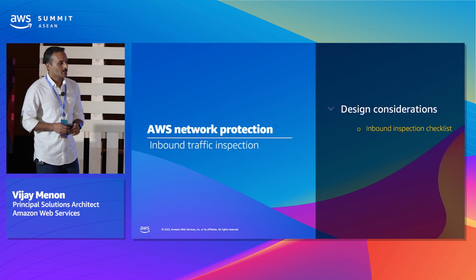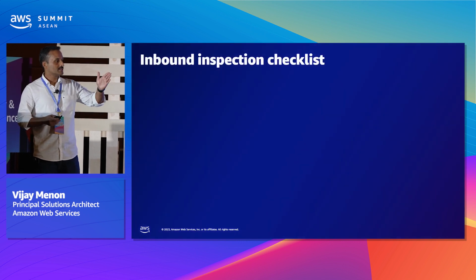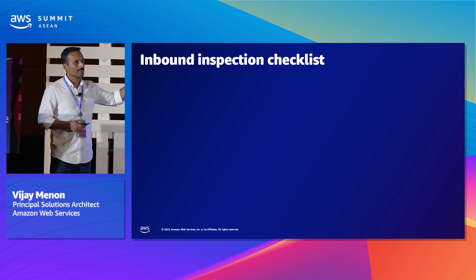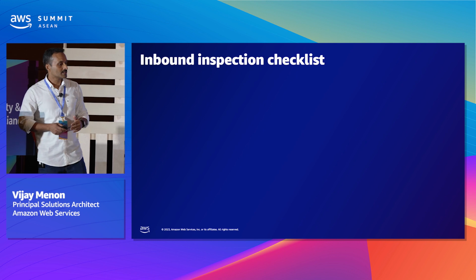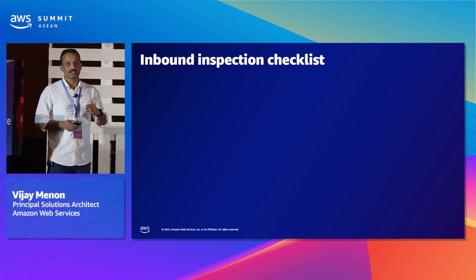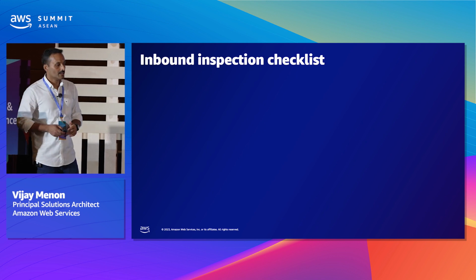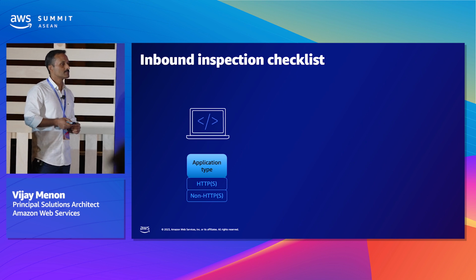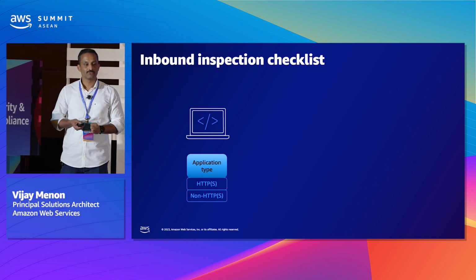So when we look at inbound inspection, that was distributed and centralized, and we looked at the defense in depth approach. Now, keeping that in mind, there are a few more considerations you need to have before you decide upon what architecture you want to use for your filtering. Starting with the type of application you want to inspect, whether you want to inspect HTTP, HTTPS. If that's the case, you can use AWS Web Application Firewall.